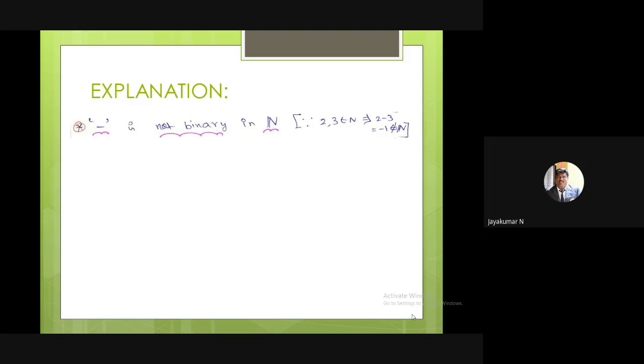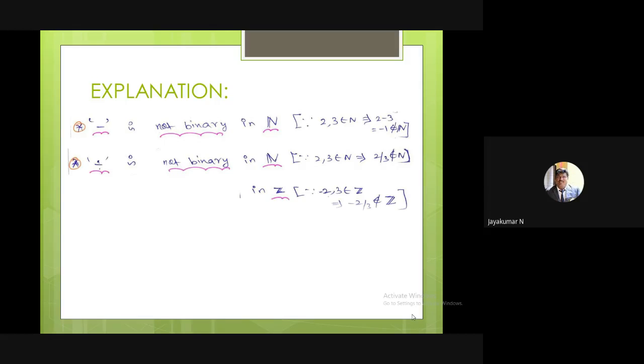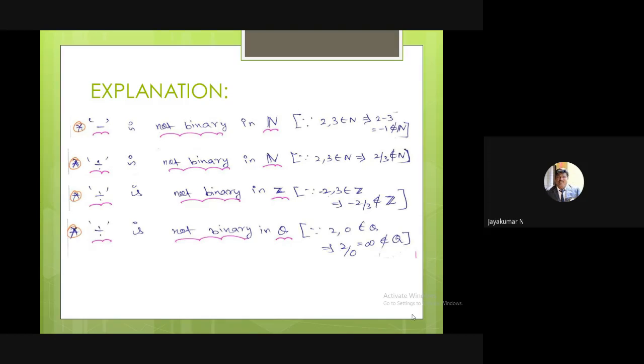So subtraction is not binary in N because if we choose 2 and 3 in N, 2 minus 3, which is minus 1, does not belong to N. Similarly, another example: division is not binary in N, then division is not binary in Z, I gave the example. Then division is not binary in Q, that I already gave the example.